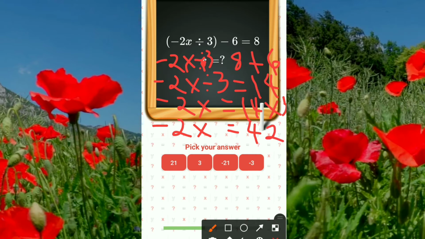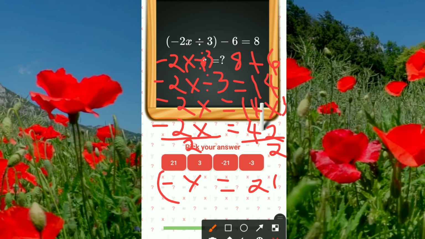Positive 42. And then we divide it by 2. So ayan, negative 2 divided by 2 equals negative x equals, so 21, positive 21. 42 divided by 2 equals positive 21.